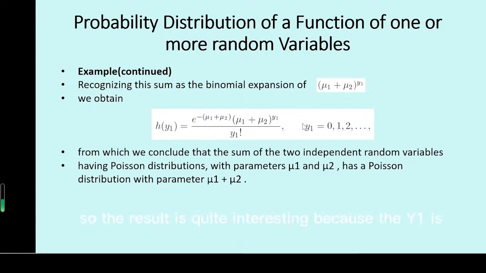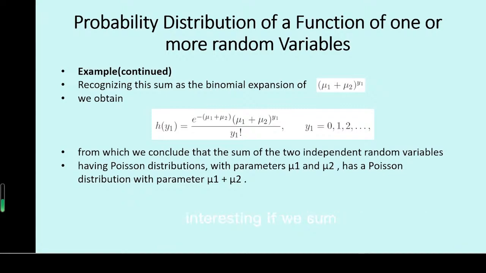So the result is quite interesting because y1 is x1 plus x2, right? And x1, x2 both have Poisson distributions with mu1 and mu2. So y1 is also a Poisson distribution with parameter mu1 plus mu2. So for discrete probability distributions, the Poisson distribution is quite interesting.